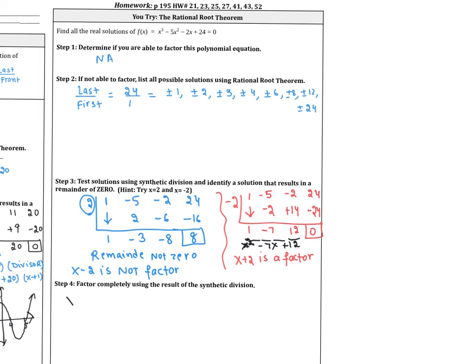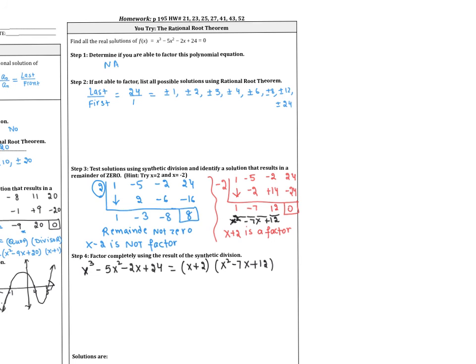So if you break down this polynomial, x cubed minus 5x squared minus 2x plus 24 equals x plus 2, that's one of the factors. The other factor is the quotient, that is x squared minus 7x plus 12. Now we have one linear factor, and the other two linear factors we can get from this part.